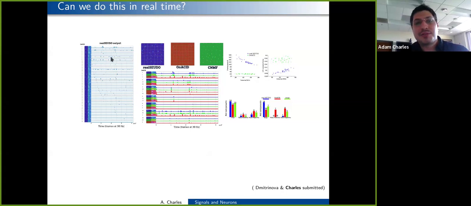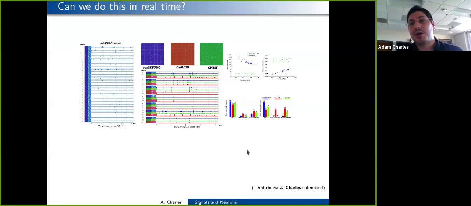I'll just summarize. As the algorithm goes, these cells are found in temporal order, and you can see that as they're found, the first firing activity is later and later. So it's finding these in the order that they first become active. We compared against OnAcid, which is the version that existed so far, and we found we were much more robustly faster.